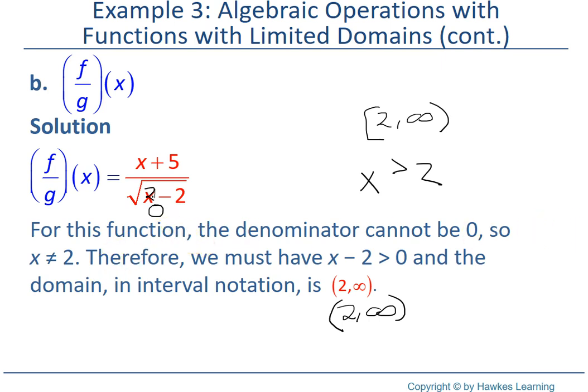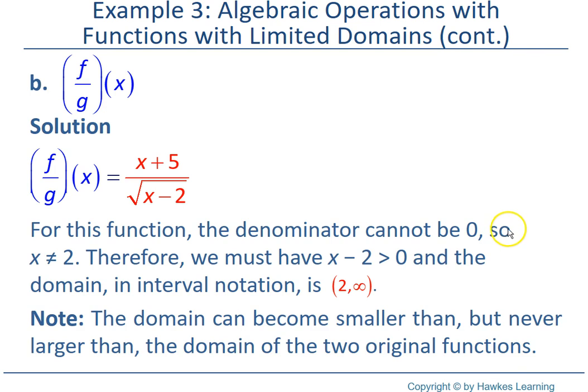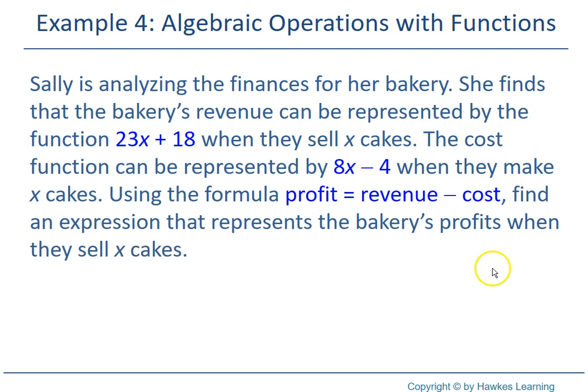All right. So some background. All right, let's take a look at this now. Sally is analyzing the finances of her bakery. She finds that the bakery revenues can be represented by this function, when they sell this many cakes.